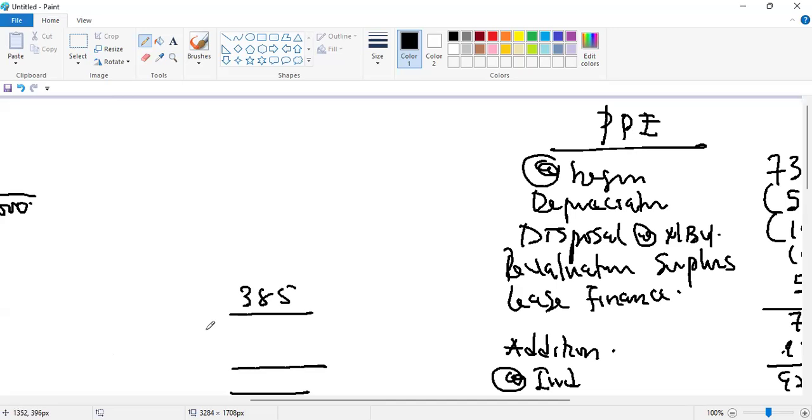What is the retained earnings at the end? 229. So if I remove 229, what does it give us? 385 minus 229. 156. So dividend paid is 156. That's all.